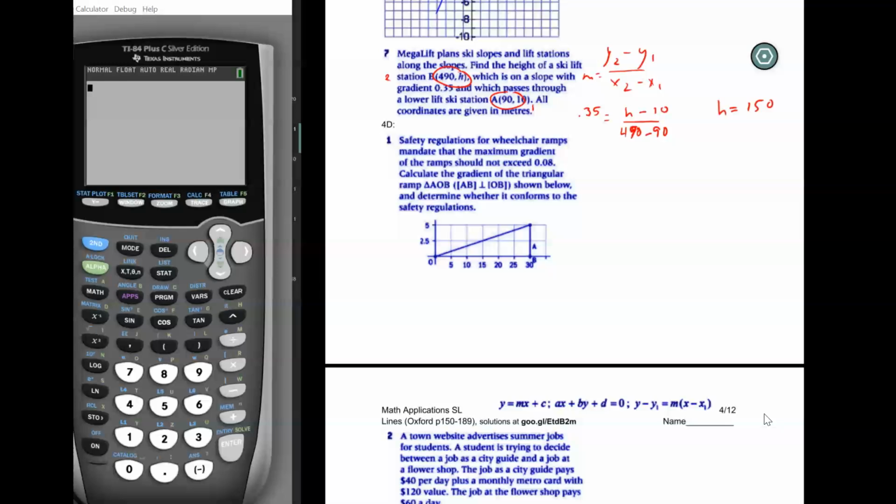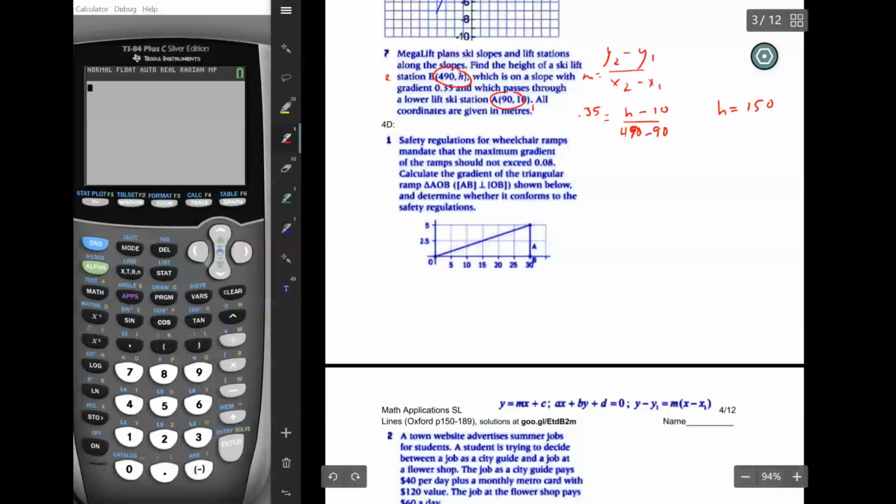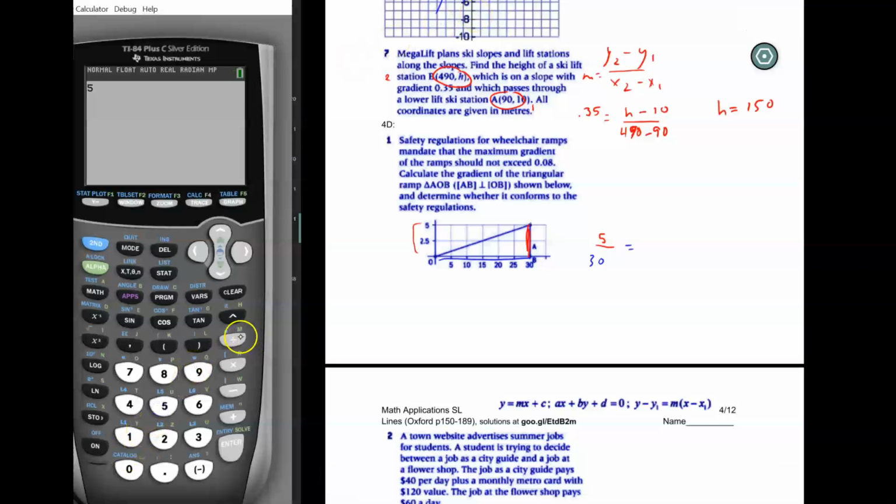Remember that the slope can be calculated by finding the rise divided by the run. In this case the rise is 5 units, and the run is 5, 10, 15, 20, 30 units. So the rise over the run in this case is 5 divided by 30, which is something like 0.17.